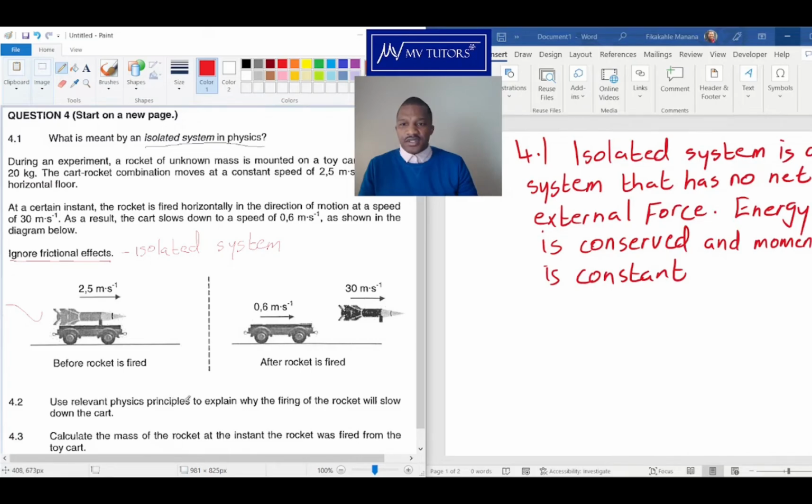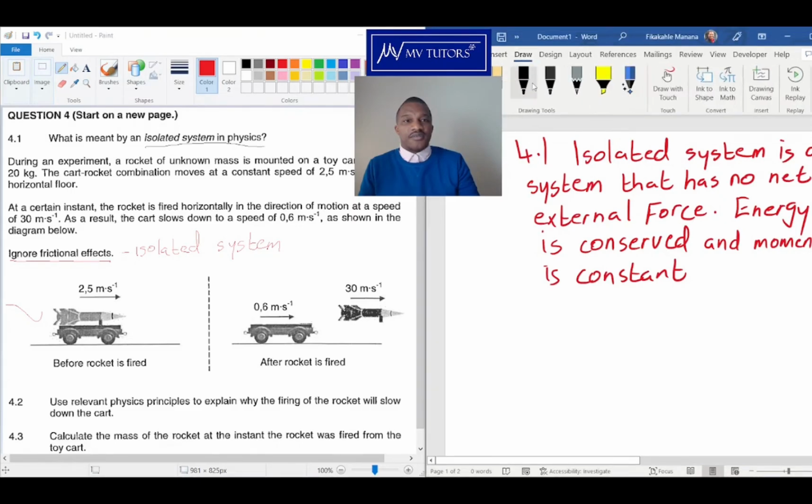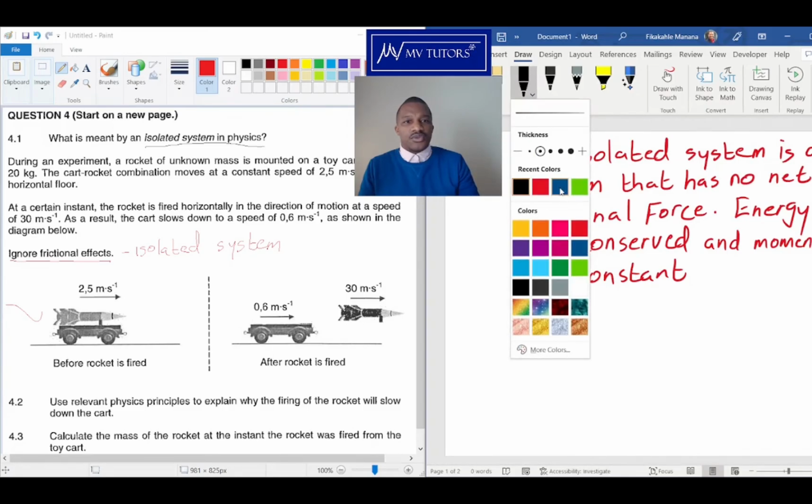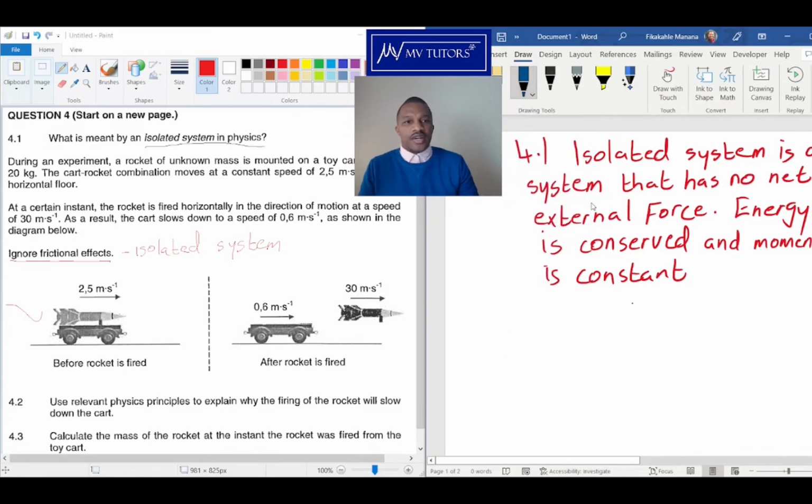Question 4.2 says use the relevant physics principle to explain why the firing of the rocket will slow down the cart. Let's change color, let's go blue. So this is 4.2.